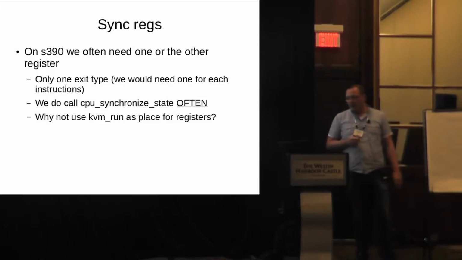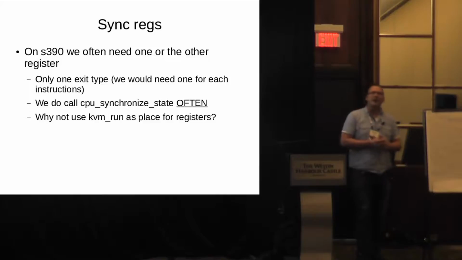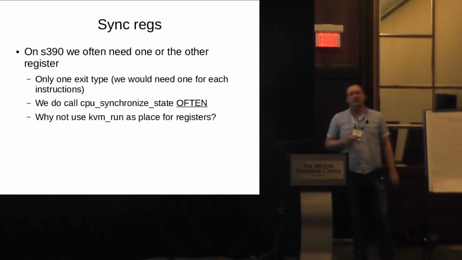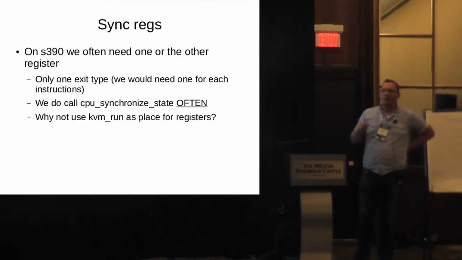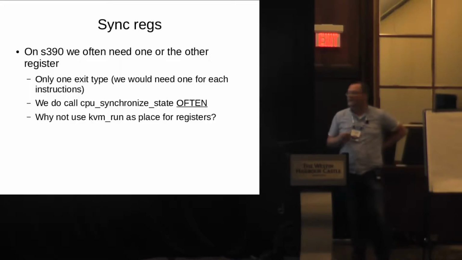So what we did, which was basically suggested by Alex as well, is to use a shared page between the kernel and QEMU to synchronize the registers over there. And so we have the sync-reg structure in the KVM run, where we basically have all the guest registers written on a guest exit, so QEMU does not have to call any I/O control anymore on S390.